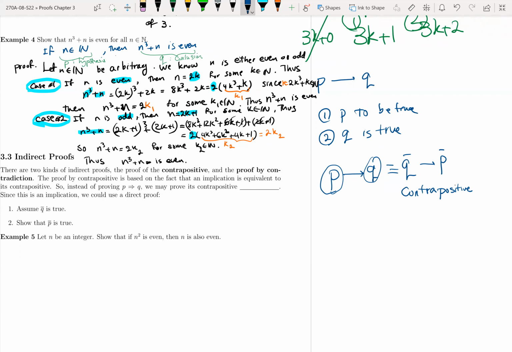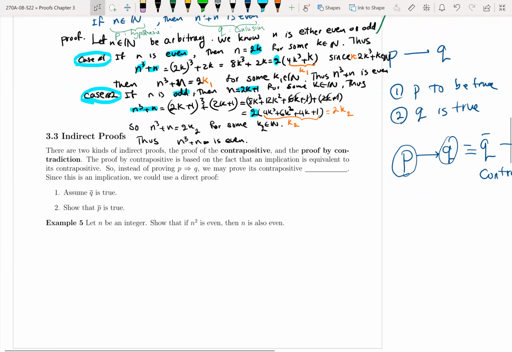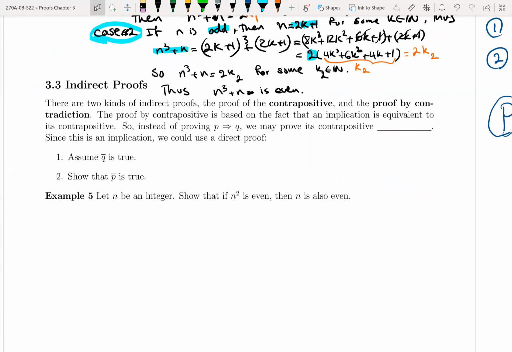Then I'm doing the same thing, so I have the same equivalent problem, okay? This is what you need to fill out over here. The contrapositive is not Q, then not P. That's what we call proof by contrapositive. Actually, we have one more proof, which is proof by contradiction, which is different, okay?